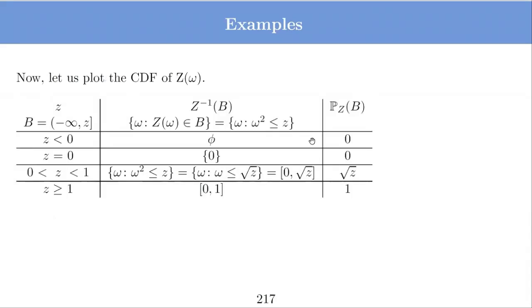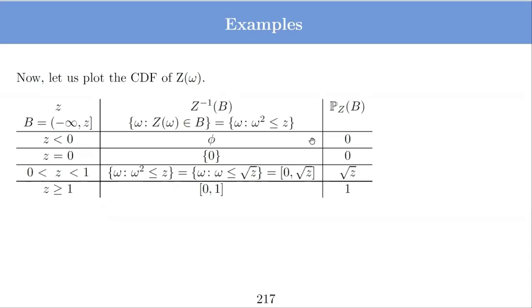So recall that the CDF, which is F_Z(z), is nothing but the probability of the pre-image of a set B, where B is equal to minus infinity to z. So for any z, we take this B, which is from minus infinity to z, we compute the pre-image of this set under Z, and then we compute the probability of that pre-image.